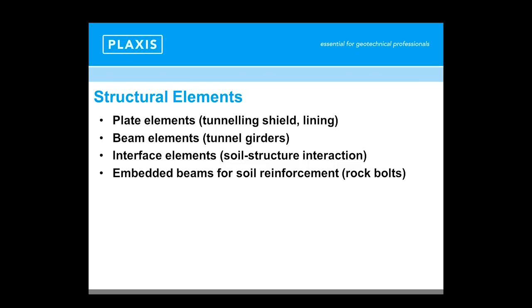I'm not going to discuss the details of the first 3 types of elements, plate, beam, and interfaces. It's just because I really would like to focus on tunneling in rock. So I will slightly elaborate on the modeling of rock bolt at this stage.